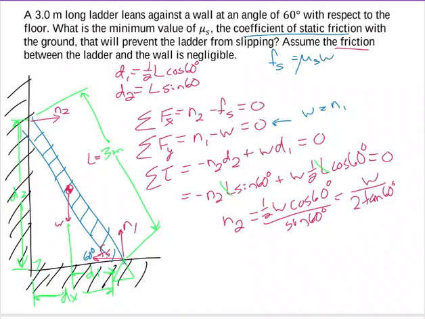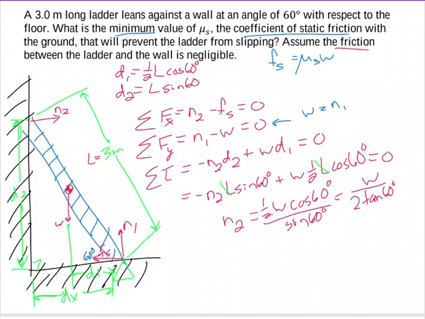All right. Now, the static friction force is going to be exactly equal to, or since it's static friction, is it going to be greater than that, or is it going to be less than that? It's going to be greater, if we're talking about minimum value. So it'd be less than. Remember that the static friction force is exactly what it needs to be to keep the ladder being held in place.